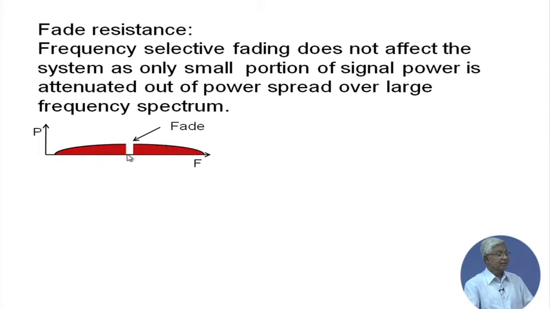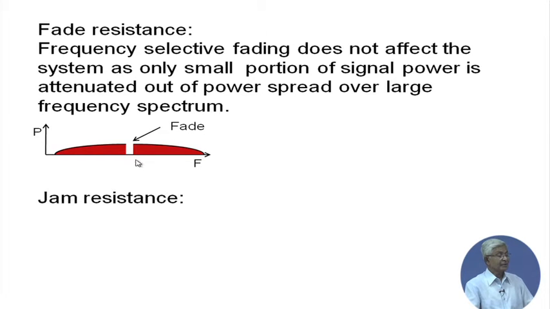One small portion of the frequency is faded, so there is no power at that place. Even if we receive like that, since most of the power is present and only a small fraction is lost, you can still recover it. So it is fade resistant.